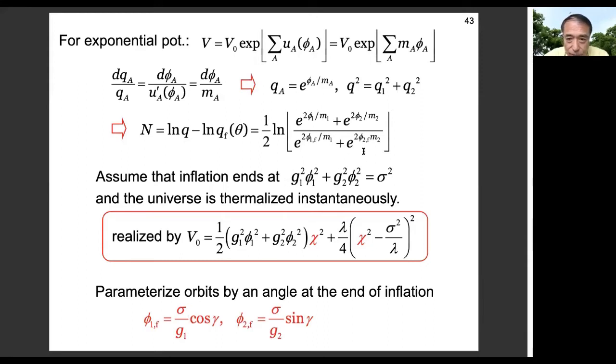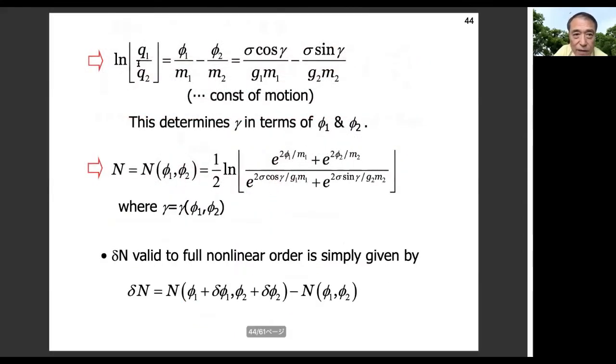So if you parameterize this end of inflation in terms of the amplitude sigma and direction, with cosine theta, cosine gamma, and sine gamma, for example, then you can immediately write down the constant of motion. This is just cos theta divided by sin theta, something like this, given in this form.